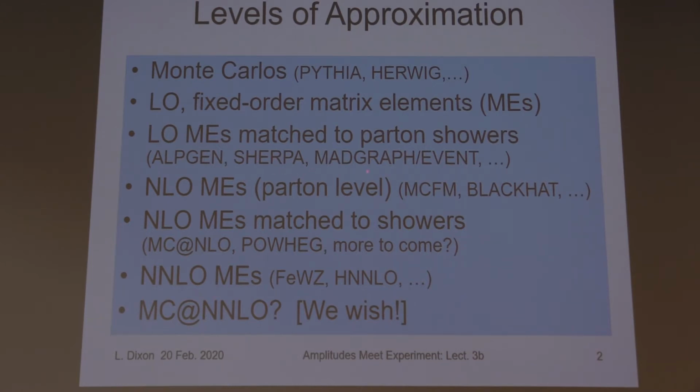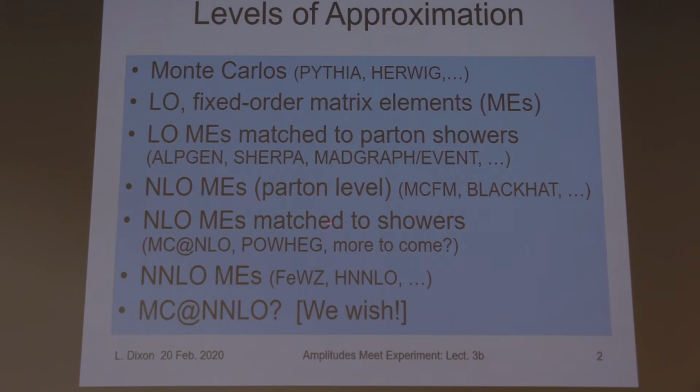So Sherpa is a full-fledged Monte Carlo framework, but it was also one of the first to do this matching between leading order and parton showers. There are many other frameworks for doing that. AlpGen was another early implementation of these algorithms, but they're basically inside all of these main Monte Carlos by now. But you may want to go beyond leading order.